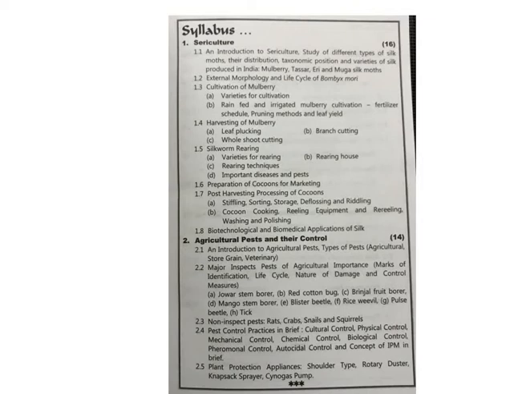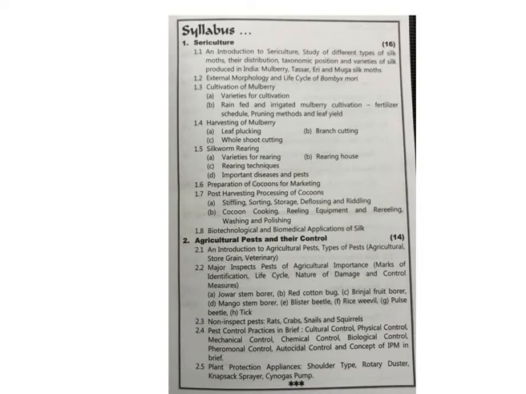In that, again, varieties of cultivation, then rain fed and irrigated mulberry cultivation, which again contains fertilizer schedule, then pruning methods and leaf yielding. Now this is about the cultivation of mulberry. The next point is harvesting of mulberry, in which the methods are leaf plucking, branch cutting and whole shoot cutting.